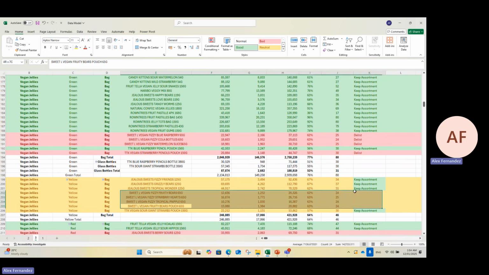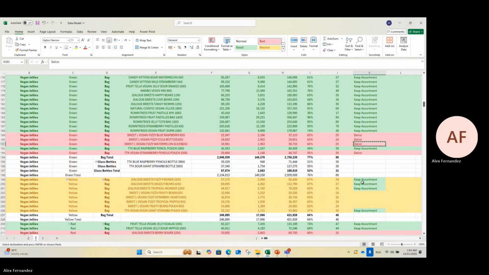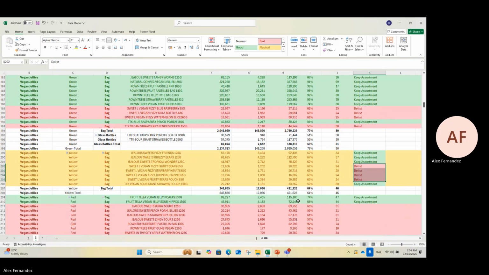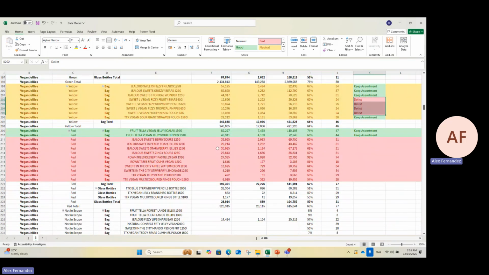Let's delist all this. Here we will keep 69, 67, very good estimates.